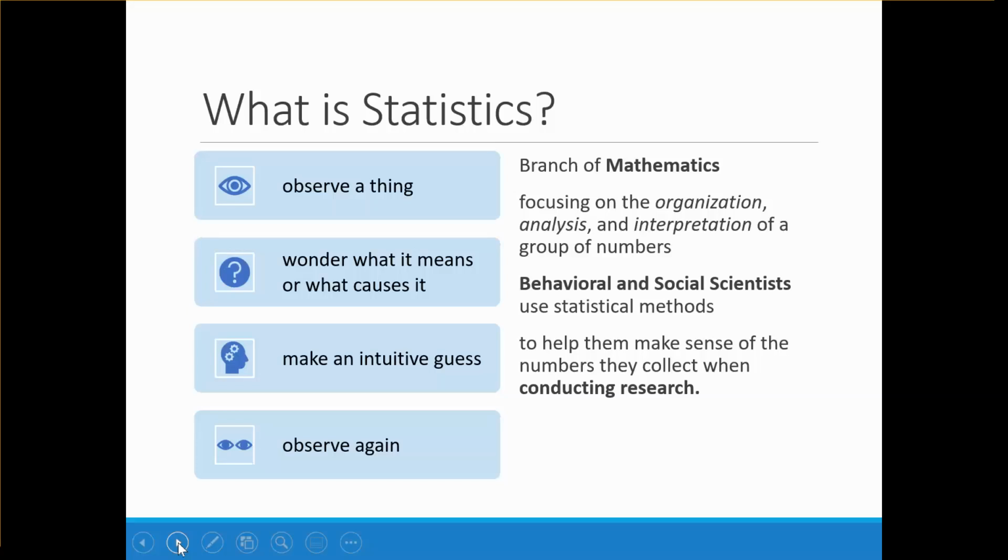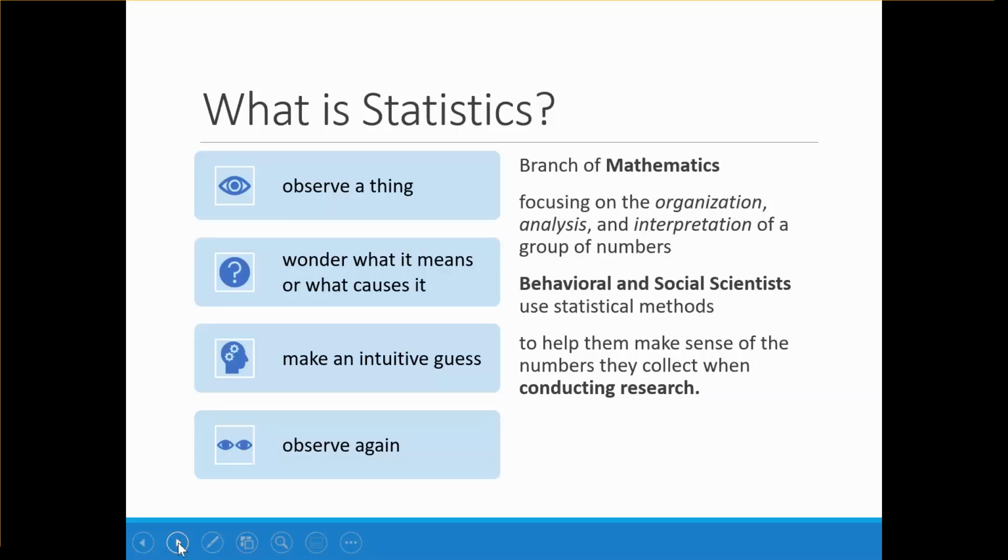And in behavioral and social science, especially in psychology, we use statistical methods all the time. When we do our research, we have to use statistics to make sense of the numbers. In this little visual that I created here, statistics is basically part of what makes our scientific method work.